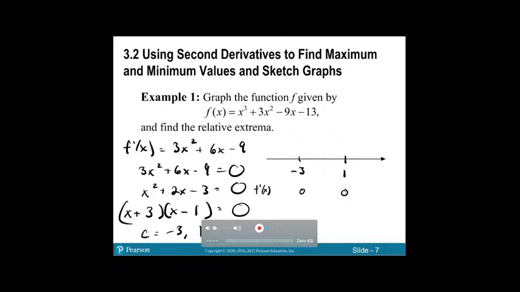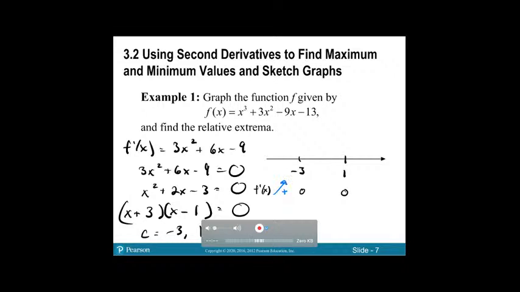So when x is negative 4, notice this is going to be negative, this will be negative, double negative is positive, right? So when x is negative 4, f prime is positive to the left of this. That means our function should be increasing to the left of negative 3.